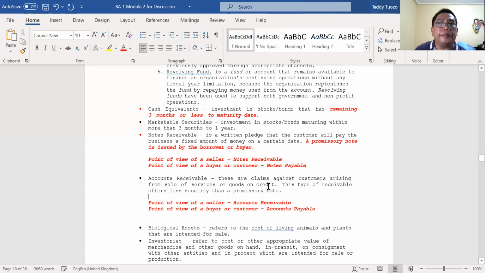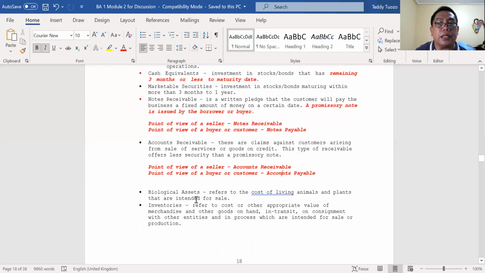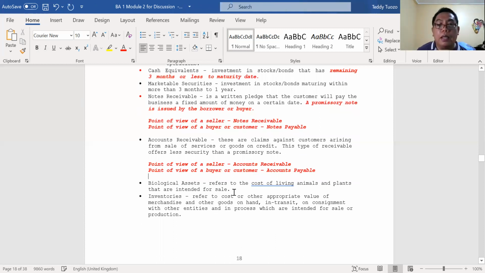Okay? So remember that the notes payable are part of liabilities. Utang, di ba? I said that liabilities are utang. So they are classified as liabilities. Basta the word payable, it means it is a liability. Kung we say receivable, meaning to say it is the watunon. So it is your asset.